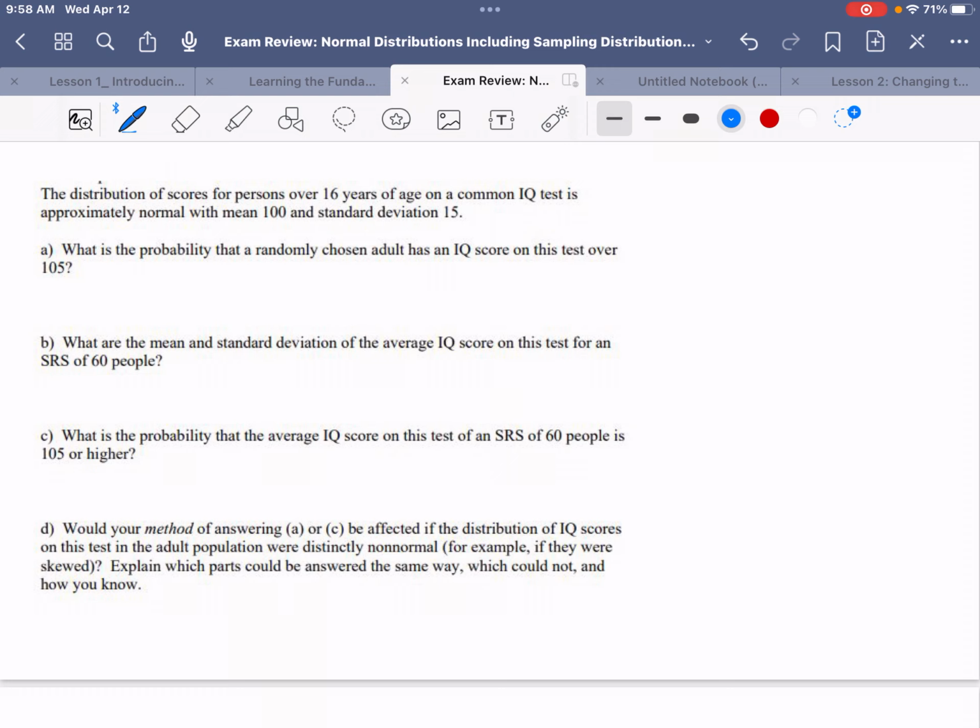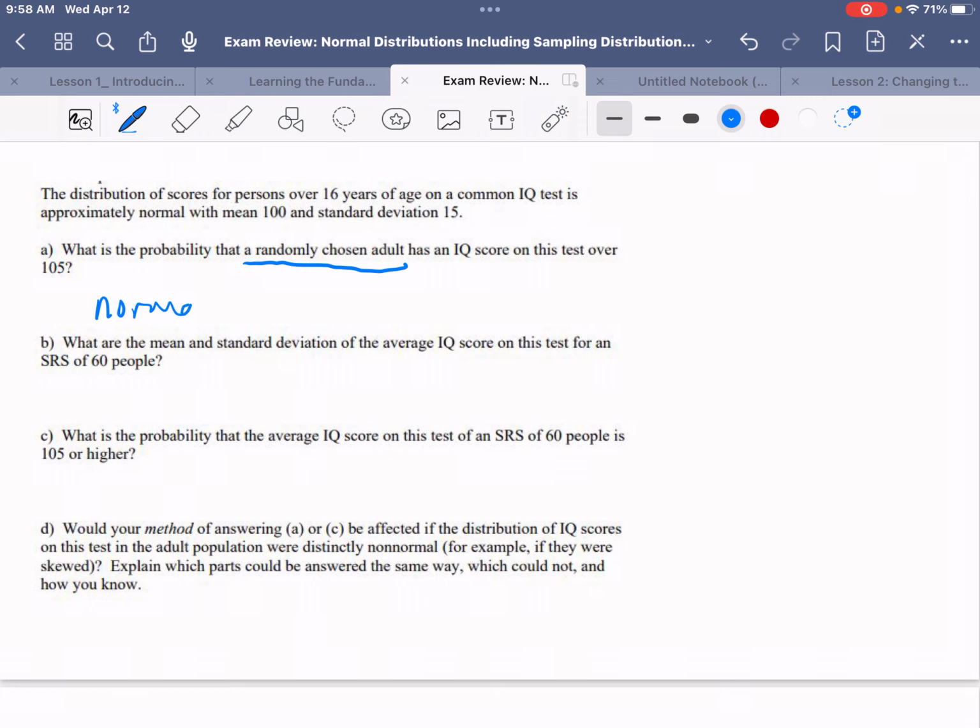The distribution of scores for persons over 16 years of age on a common IQ test is normal with a mean of 100 and a standard deviation of 15. Notice that this first one says, what is the probability that a randomly chosen adult has an IQ score on this test over 105?